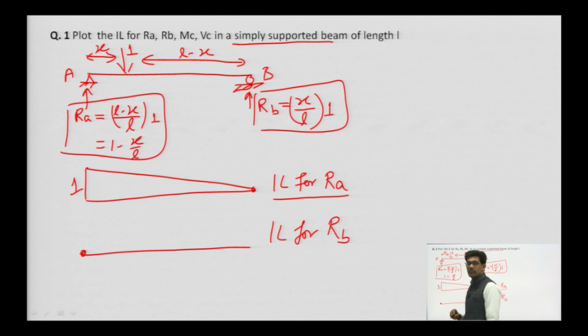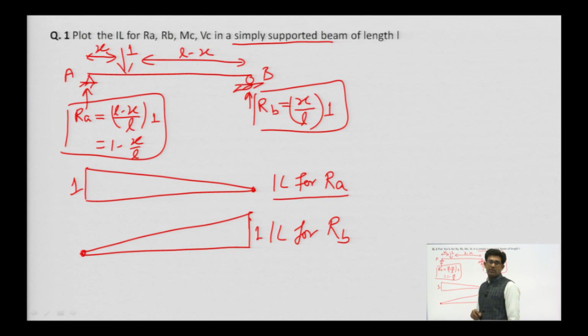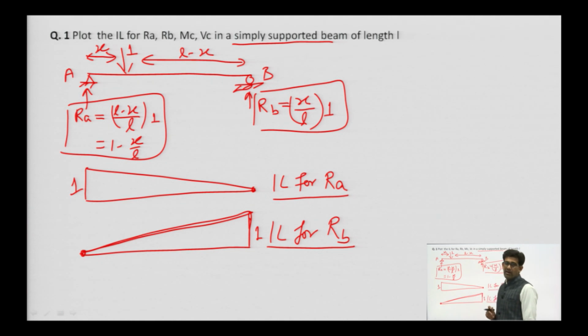When point load is at point B, then the value of x will be L. So, the value of RB will be L by L into 1, means 1, and the variation is linear. So, we will get this one plot, and that plot is the IL for RB.